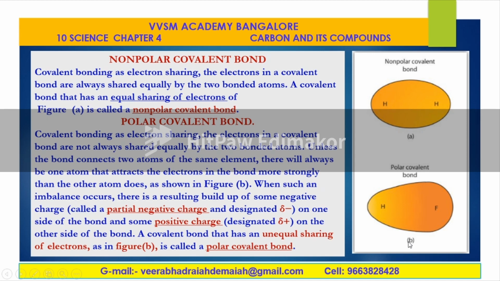Covalent bonding as electron sharing. The electrons in a covalent bond are not always shared equally by the two bonded atoms. Unless the bond connects two atoms of the same element, there will always be one atom that attracts the electrons in the bond more strongly than the other atom does, as shown in this figure.